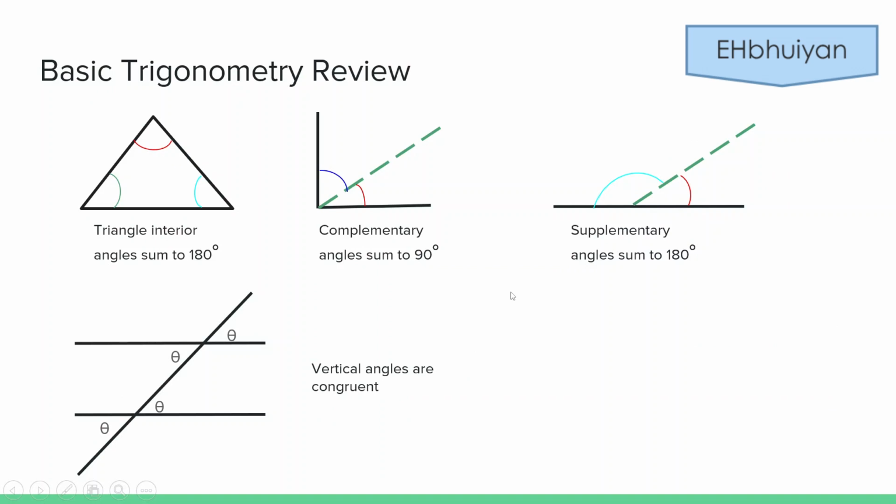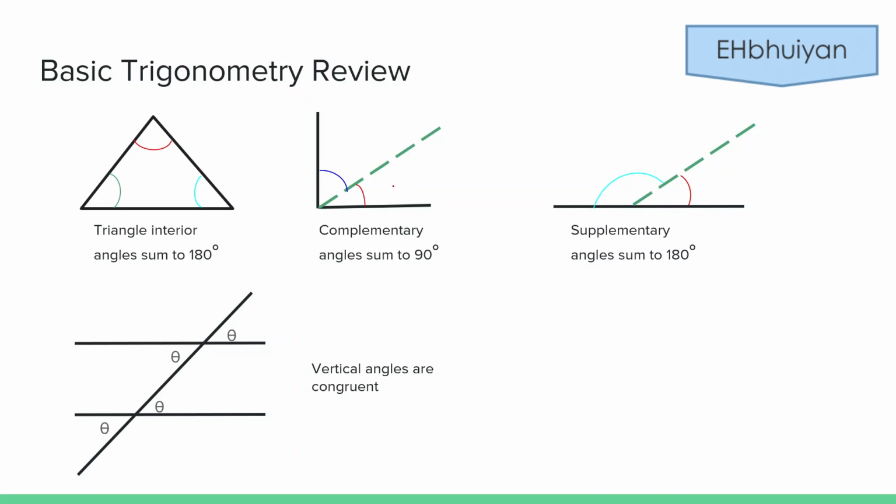Now let's start with some basic trigonometry review. It's important to remember that the interior angles of a triangle sum to 180 degrees. This may seem very basic, but it's very important for everything that we're going to do with trigonometry.